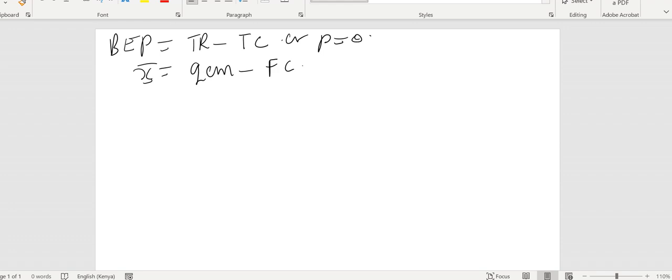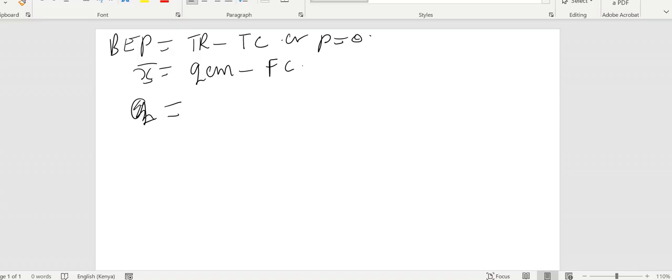How do you get quantity from here? Remember, we are going to equate profit to zero. So I put here 0.